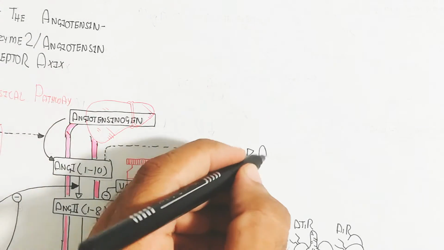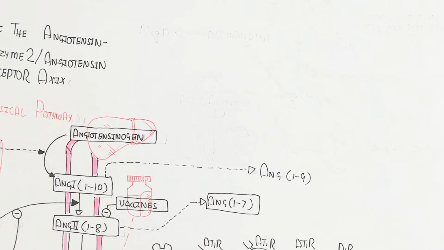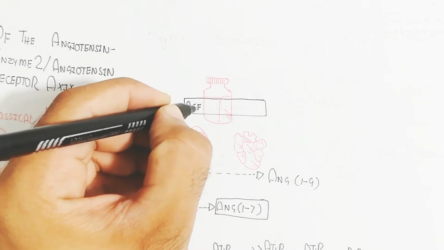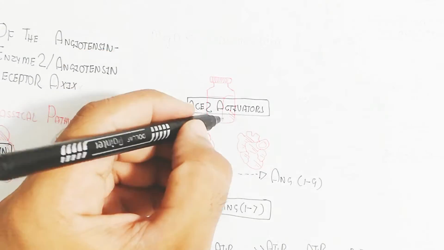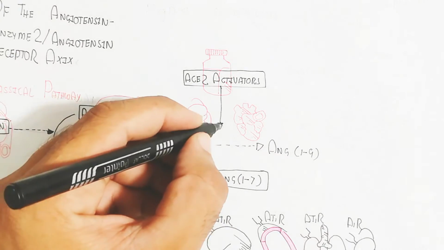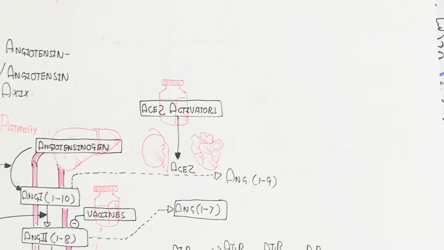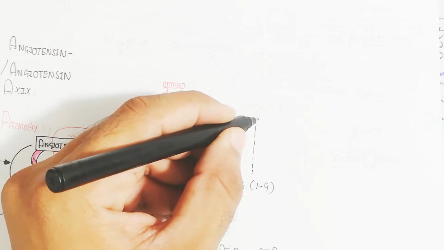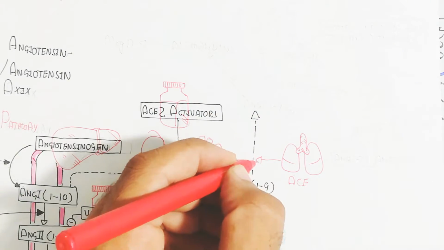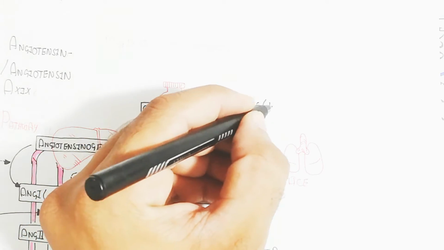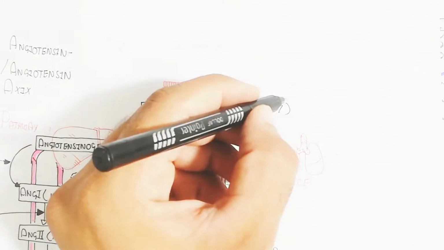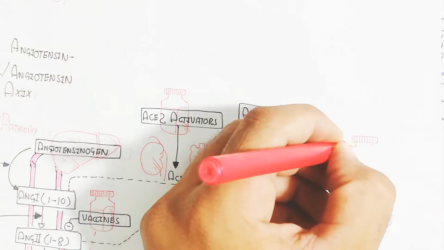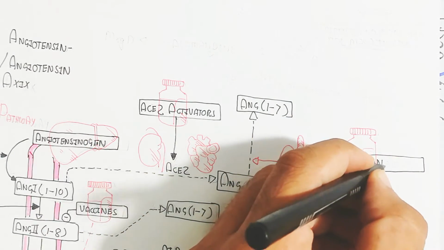While here is angiotensin 1 to 7, which is stimulated. On the other hand, angiotensin 1 to 9, through the angiotensin converting enzyme 2 activators, will stimulate the receptor, which is not an inhibitor but an activator, and so there is decreased blood pressure and target organ damage. This is the process that leads to decreased blood pressure.